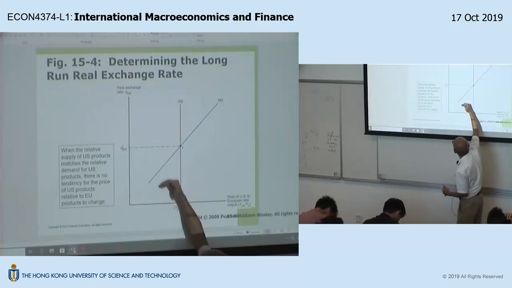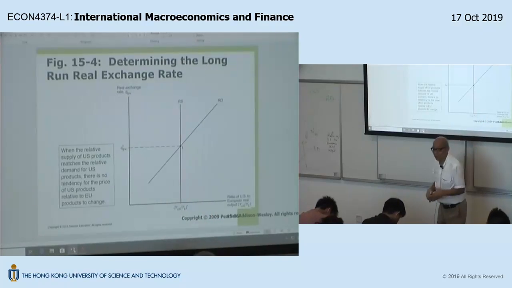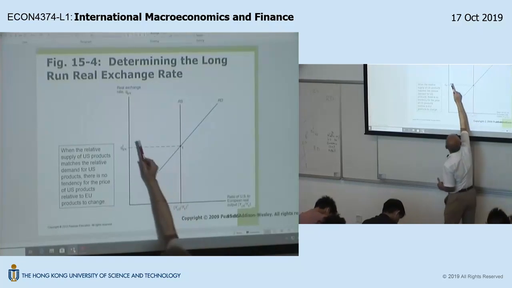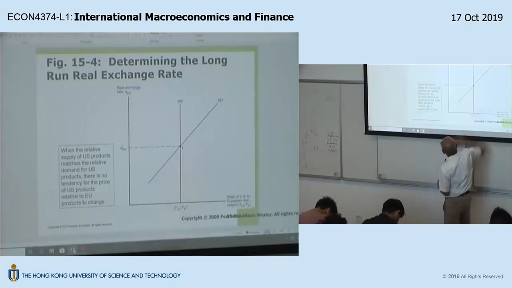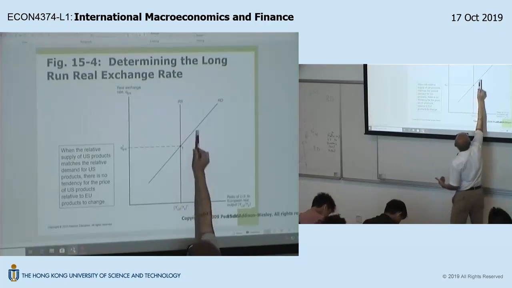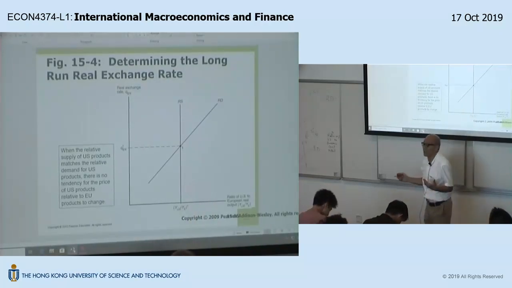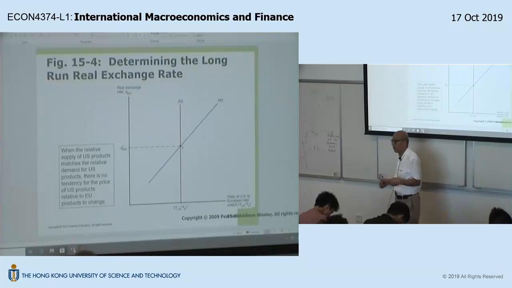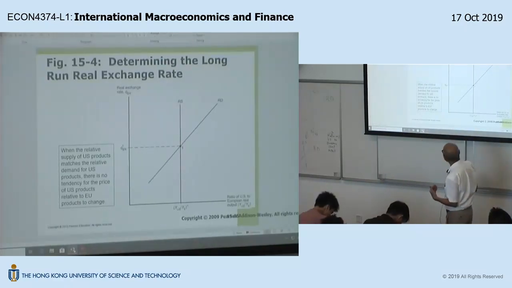So it leads to a rise in the relative price of the European goods. Here, the American goods are too cheap. There's excess demand for American-produced goods, and so the market will bid up the price of American goods relative to European goods.